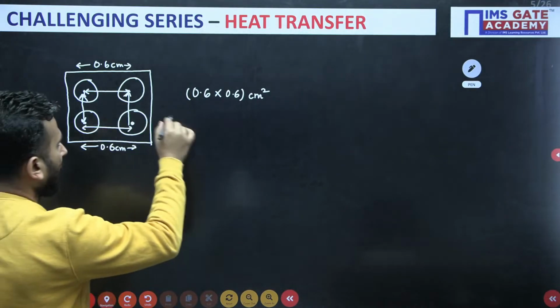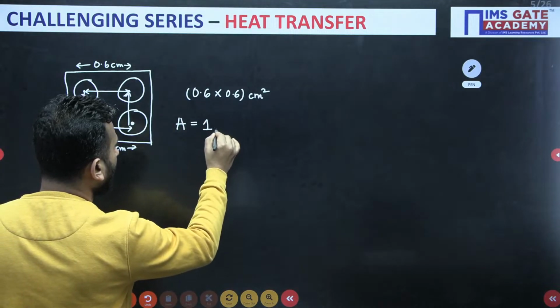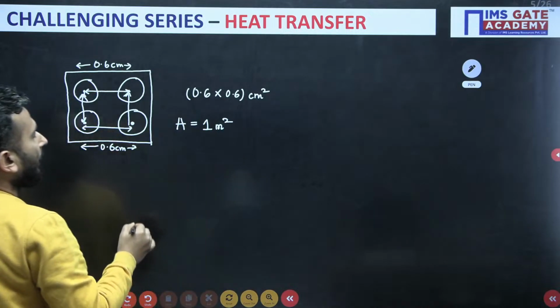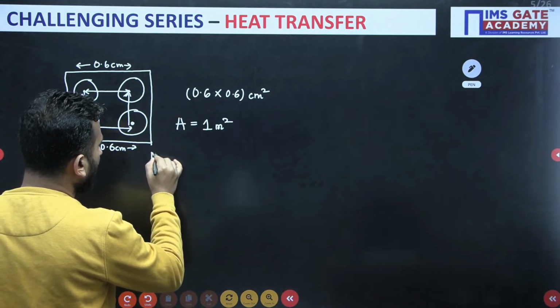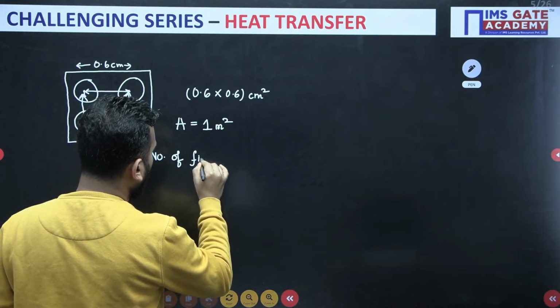So altogether what is the total area? The total area is 1 meter square. So what is the total number of fins?